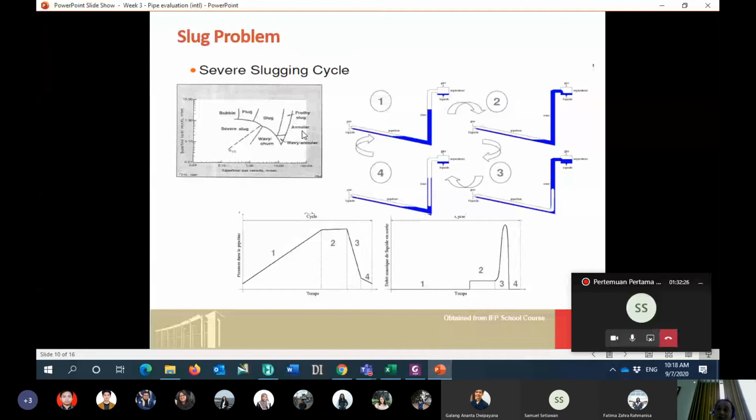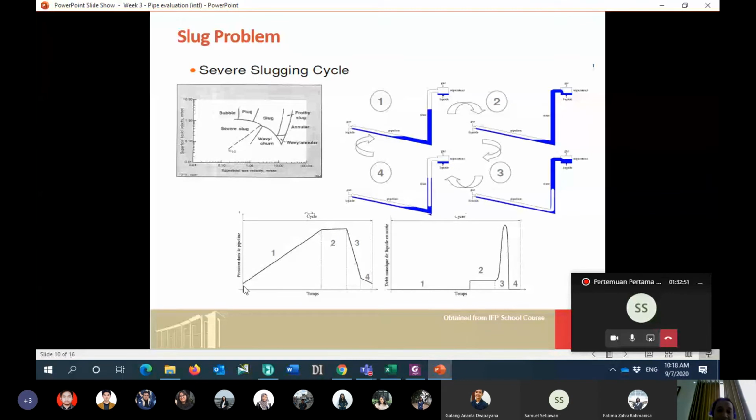The annular has no problem, but with slug we have various problems. So in order to avoid the slug condition, try to move to the annular region. The way to do it is to increase the gas velocity. We will discuss that later in the case.